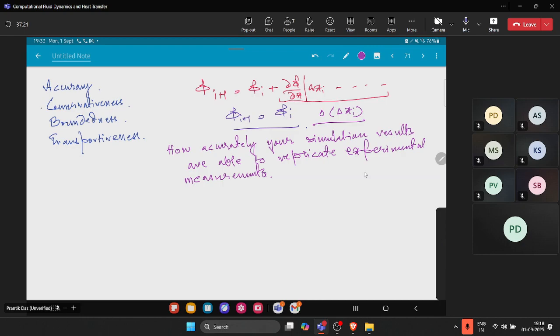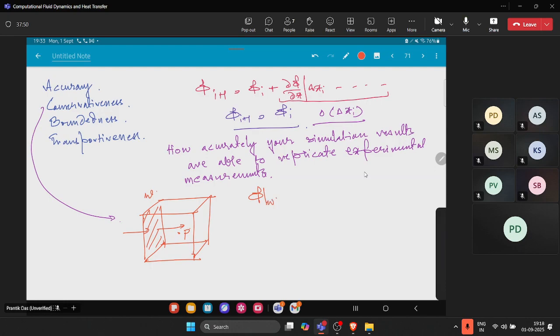There is another term which is called conservativeness. For example, a flow is happening from left to right across a face of a control volume. This one is a control volume at point P, and across the west face of this control volume, there is some flow happening. So the flux at W minus is rho UA, which is kg per meter cube multiplied by meter per second multiplied by meter square, which is kg per second.